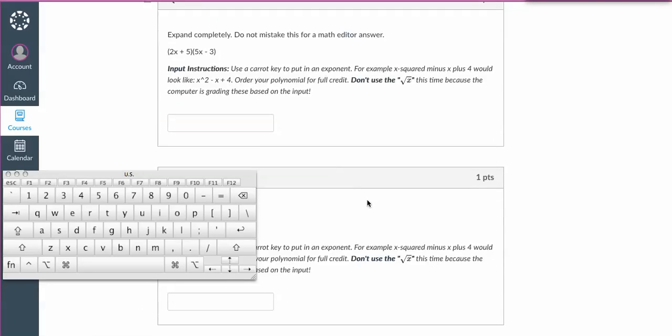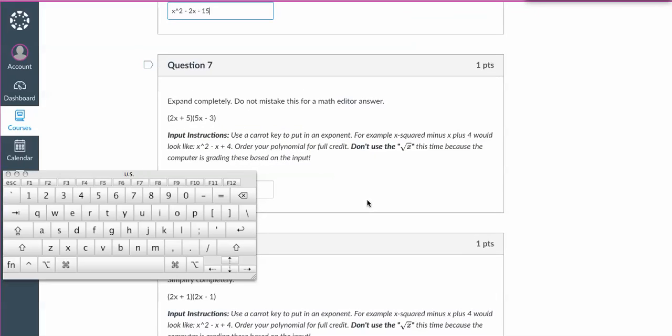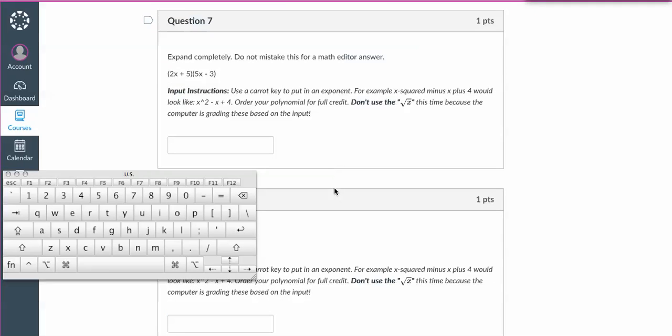So let's do that again. Let's go down here and look at this one. So 2 times 5, which is 10. So I'd put in 10 and then x, and then the caret key, which is the shift key, and then the 6 key, and then squared.